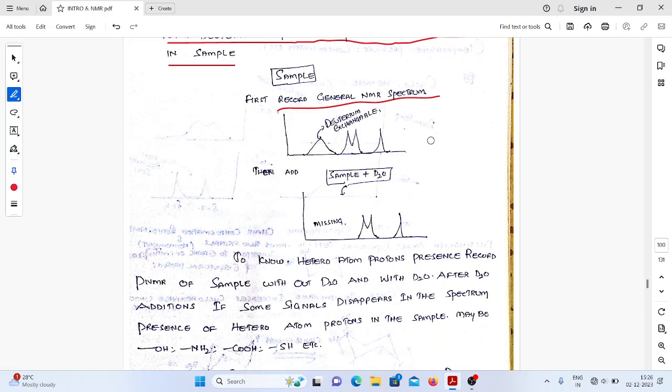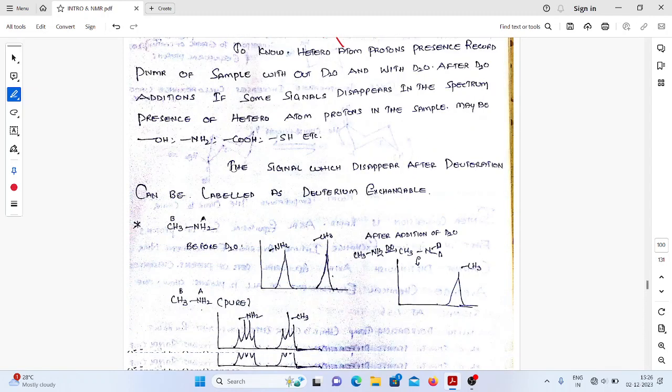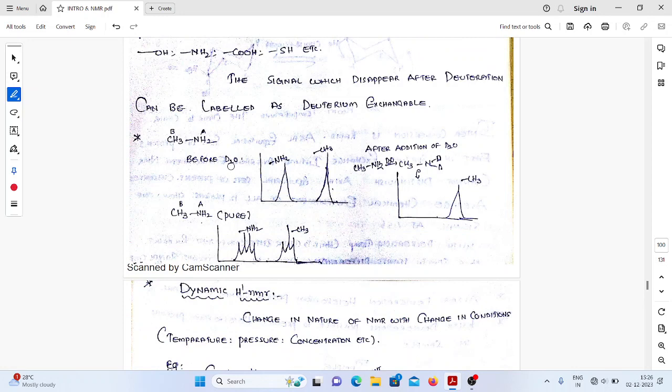Okay, you have the spectra. Then we add D2O. This peak is missing. It means what? The unknown sample contains heteroatom protons. It means the unknown sample may contain an OH group, NH2 group or COOH group. Okay, this is the usefulness of deuteration.